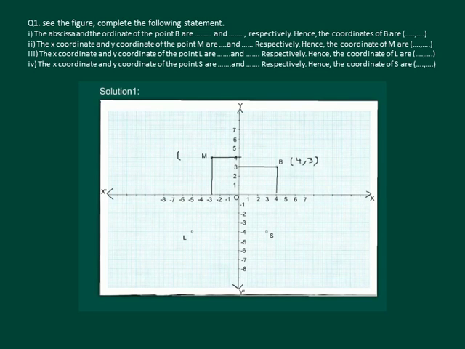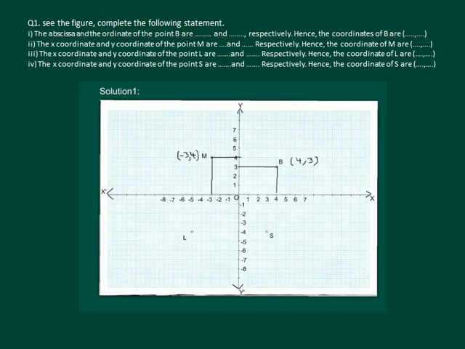So x-coordinate is -3 and distance of point M from x-axis is 4. So the y-coordinate is 4. That means abscissa is -3 and ordinate is 4.